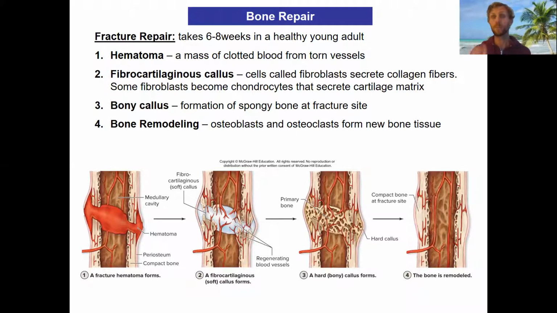But instead of making bone tissue immediately, the first tissue that's actually developed in this fractured area is going to be more cartilage tissue. So some of the fibroblast cells that are living in that membrane start to secrete the elements of cartilage matrix like collagen fibers, and they even eventually become cartilage cells like chondrocytes.